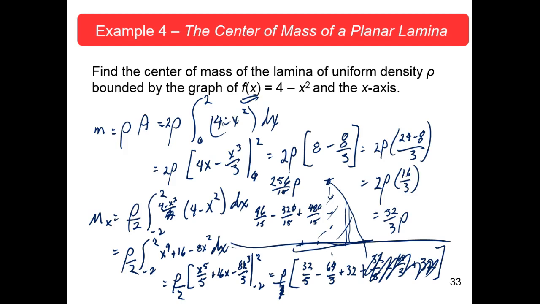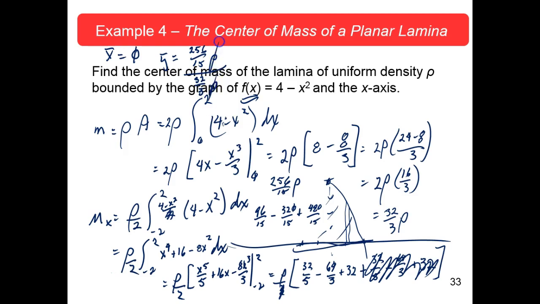Okay. Now you can take that and divide it by 32 rho over 3. Okay? So we already know what your X bar is. 0. I've already erased enough of my graph, but you know that. Your Y bar is now this M sub X, which came out to be your 256 over 15 rho, divided by your M, which came out 32 over 3 rho.